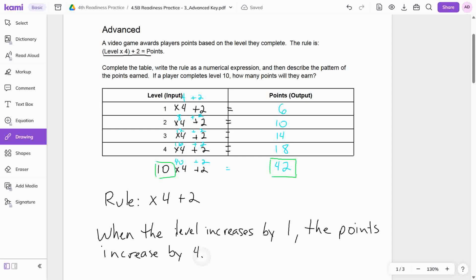So that's one pattern. And obviously, we kind of jumped a big chunk when we went 1, 2, 3, 4, 10. We figured out level 10 gets you 42 points. So that's just one pattern. You might have described something different.